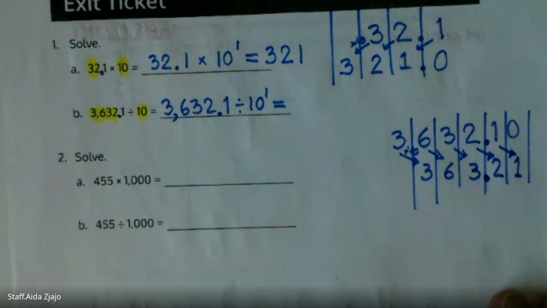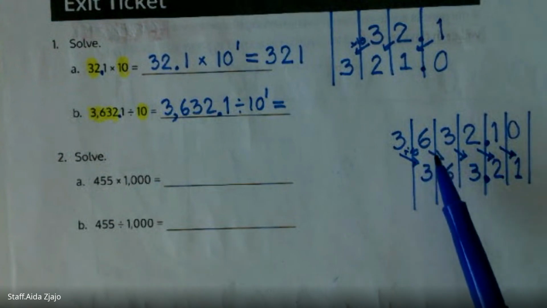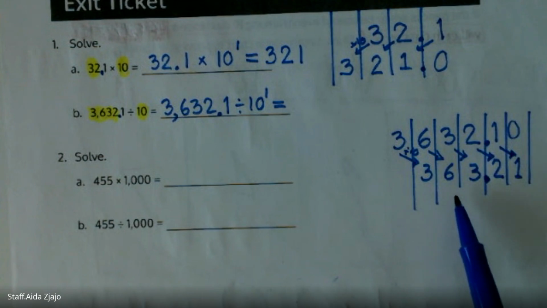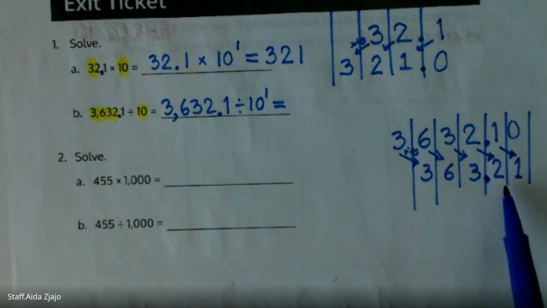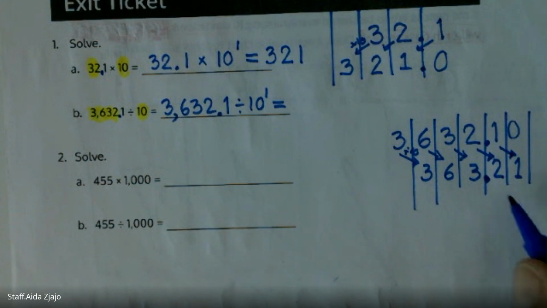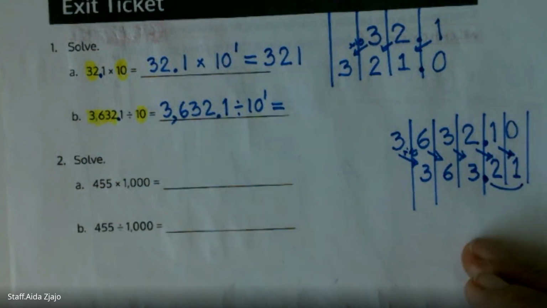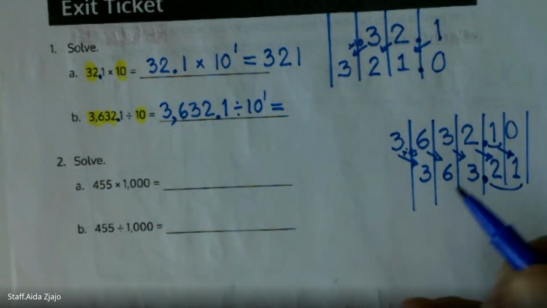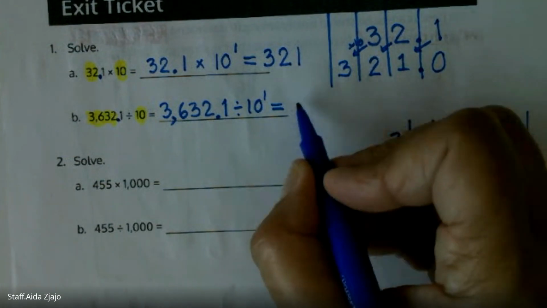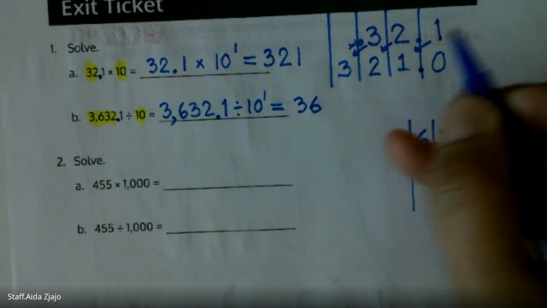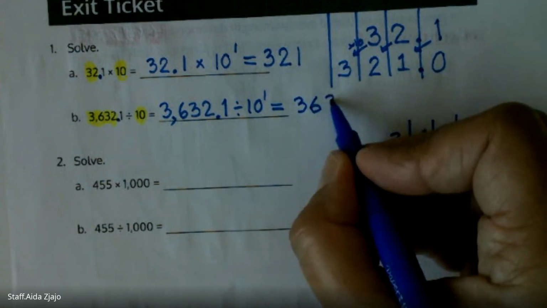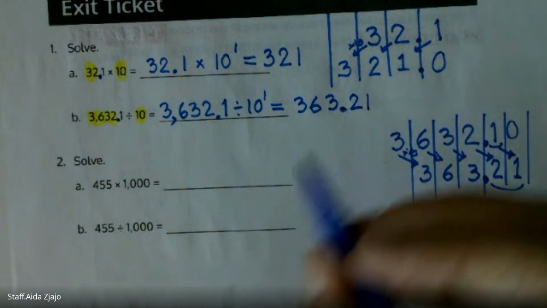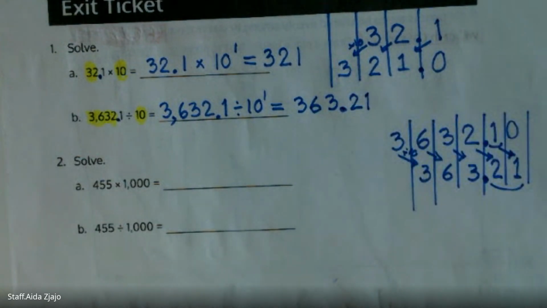So if you divide 3,632 and 1/10, it becomes 363 and 21 hundredths. This is 21 hundredths, and this is the tenth. So the final answer is 363 and 21 hundredths.